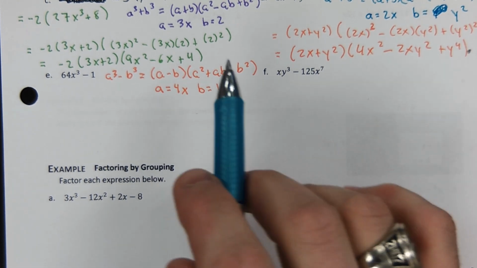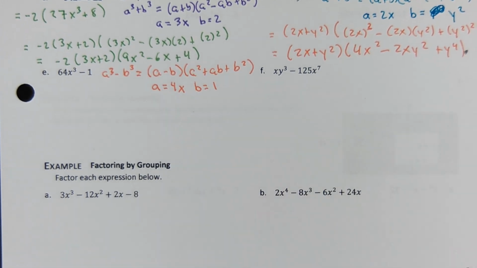So you fill out your formula and you make sure you use parentheses when you're squaring your a term because it has multiple pieces.